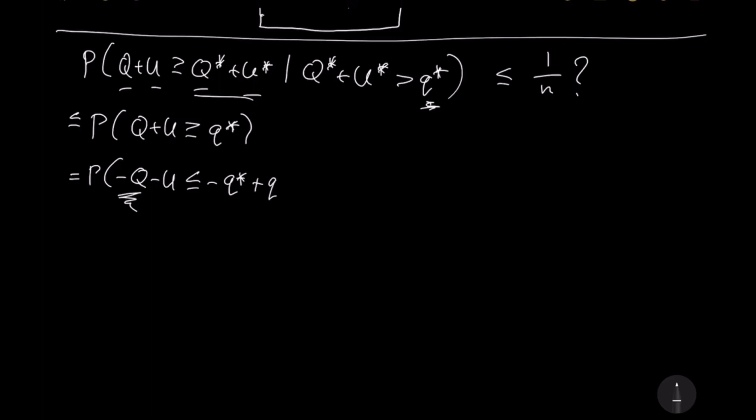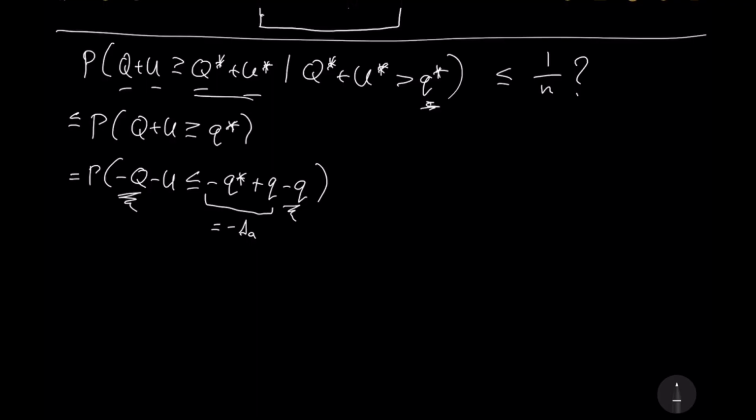So let's add and subtract that expectation so that we have the expectation on the right hand side. Now notice that this minus q star plus q is by definition just minus the regret for action A, the action that we're considering.